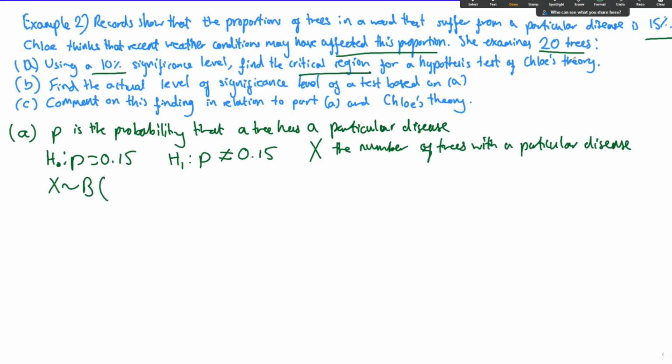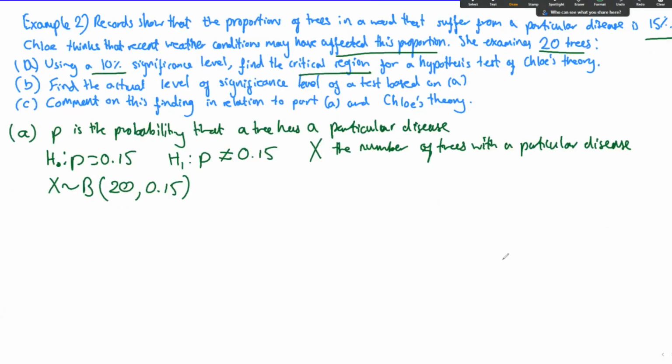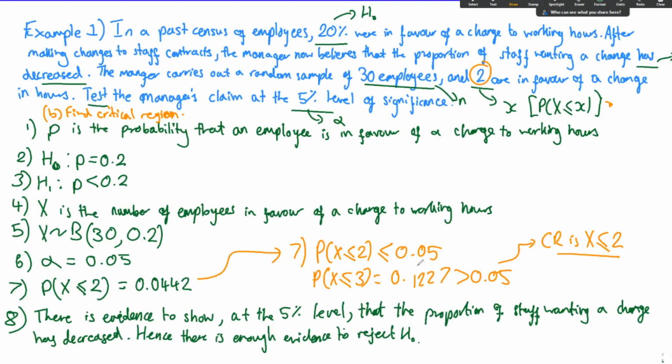Our n is 20 since she examines 20 trees. And we use the probability from H0 as our p. And then I think we've got everything there. Yeah, just the significance level. So alpha equals 0.1. And now for step 7, we want to find the critical region. So it's kind of like what we did here.